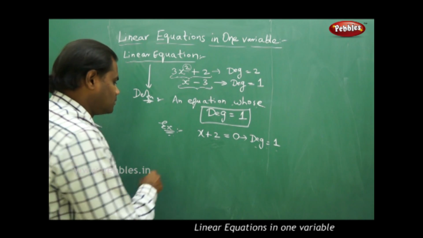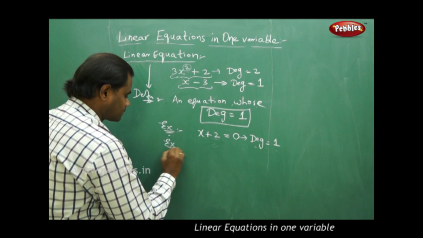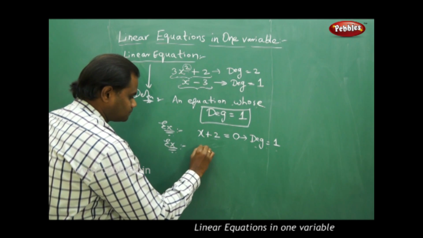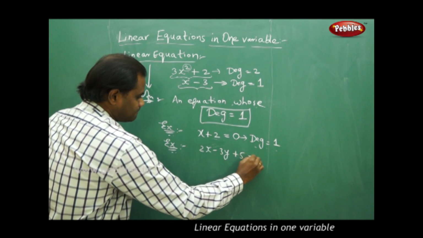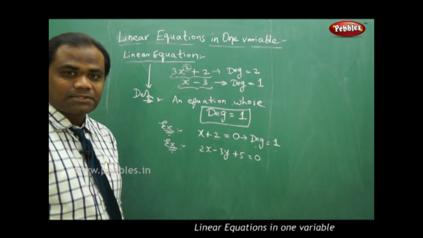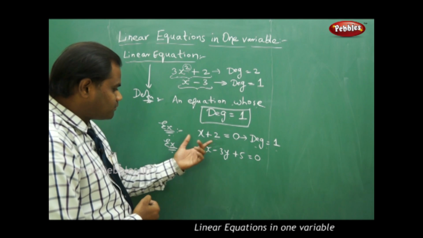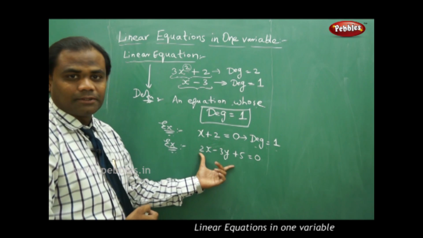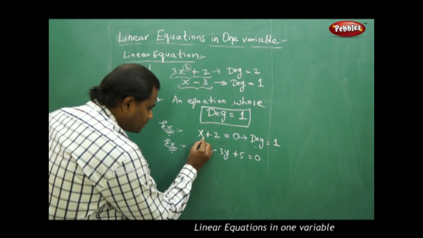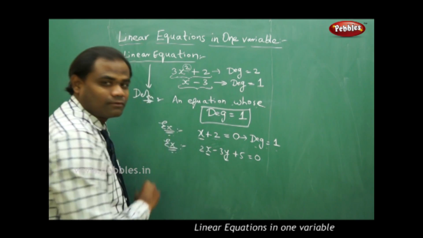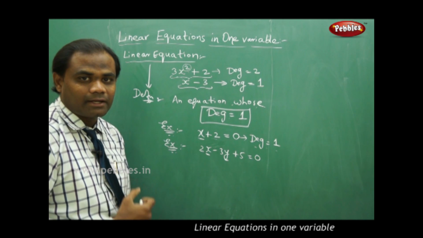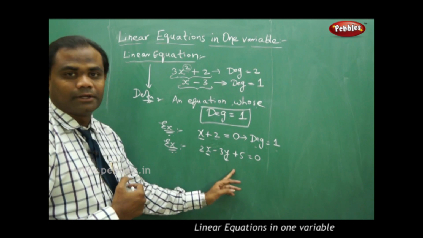Now let's take one more example. What is the difference between the previous problem and this? There was only one variable x there, but here I have two variables, x and y. Let's decide the degree of each of the variables.